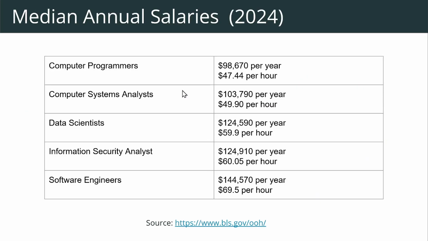Okay. People might be interested in money. So these technical jobs, I believe this is the median annual salaries in the whole nation. If I were to take the data in for like 100-mile radius or California, these numbers would probably be higher. So yeah, there's a lot of money in these technical jobs.